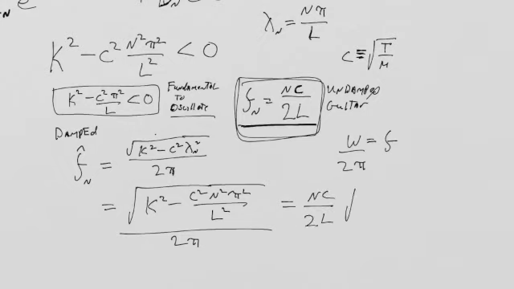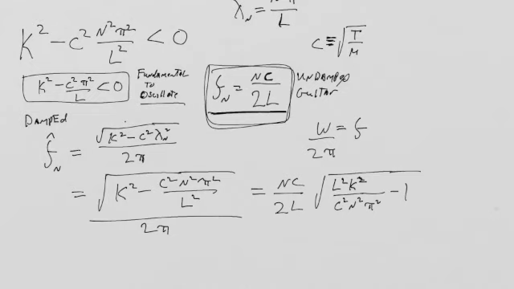So that will equal nc over 2L, times the square root of L squared k squared over c squared n squared pi squared, minus 1. And then I still have a 2 pi to deal with.